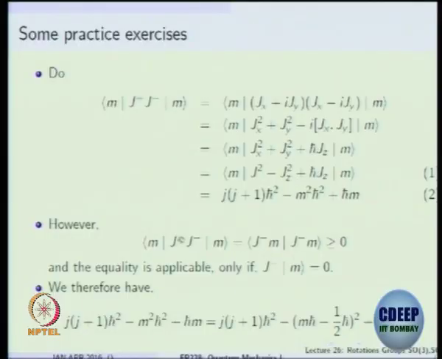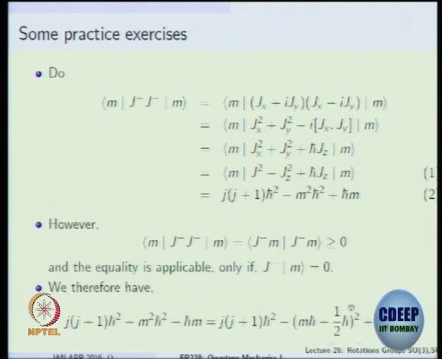This is what I was arguing for you, that J minus on M, you can put it as a ket, and then the dual ket will be like this, and this is positive definite. Equality to 0 will happen when you have a state which has a lower bound. So J minus on that lower bound state is 0. This also comes automatically from here.